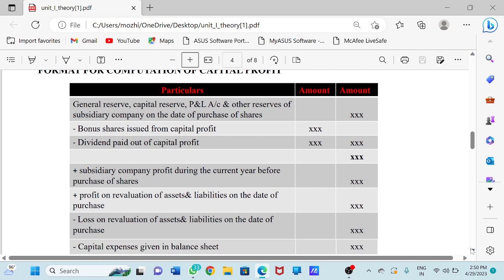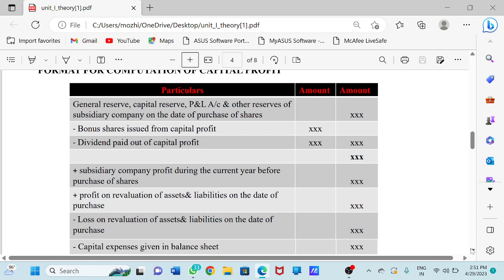And if we have any bonus shares issued from the capital profits, or if any dividend is paid, that has to be taken back, added with the bonus, and we need to deduct the surpluses from the previous year. After that, if we have any profit during the year, also called current year profit, we will add it back.